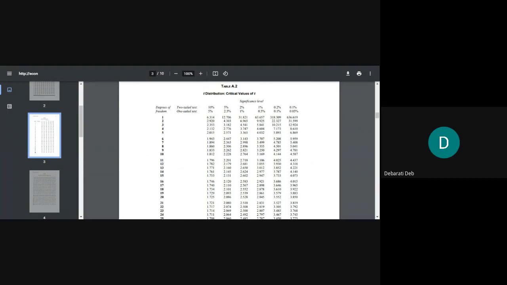So this file I have shared in your group, so you can save it for your future reference, because you will be requiring it during the examination time. So this problem is over. Any doubt you can ask. If you have any doubt, please ask.